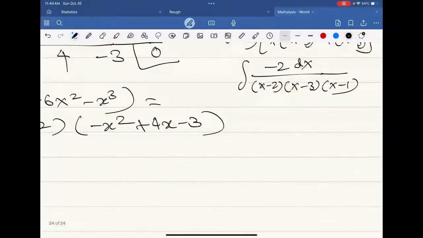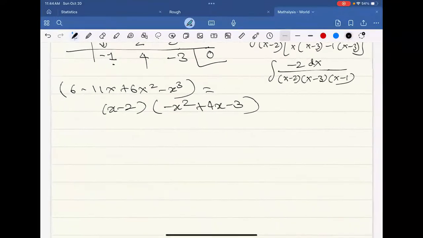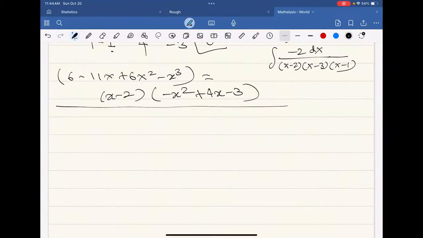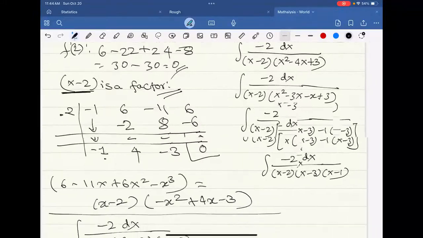Now I think that we are on the right track. Now this is negative 2 dx by x minus 1 times x minus 2 times x minus 3, right? Now what will you do?